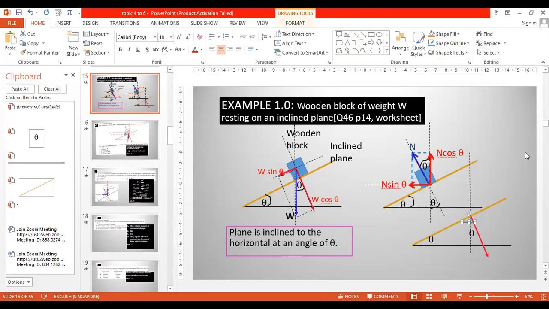Memorize it. Wait, 90, 90. This triangle is also a right angle triangle. So this angle is 90 minus theta. So this angle must be equal to theta.